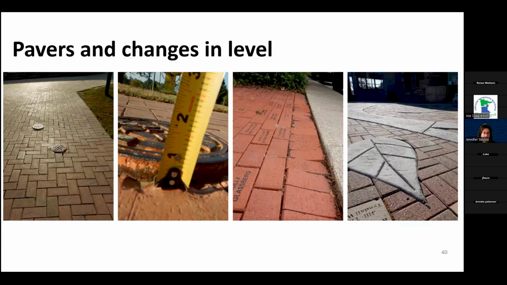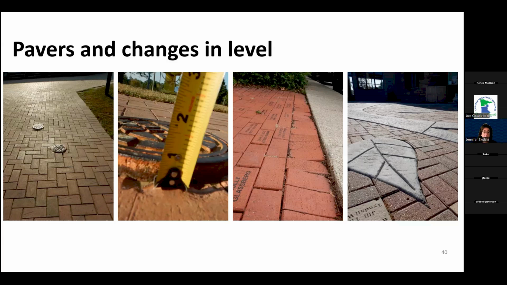And I will tell you from our experience doing accessibility assessments that the cost to pull up an entire section of pavers that has been installed, I don't know, 7 to 10 years, level the subsurface, and reinstall the pavers that have settled or have all these changes in level, is almost as much as the original cost to install it.